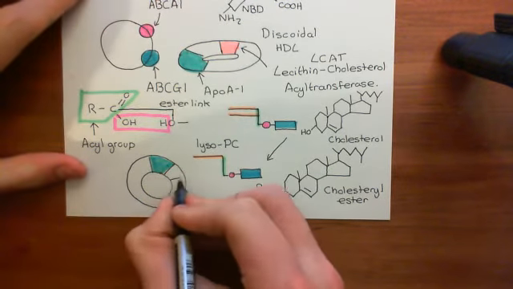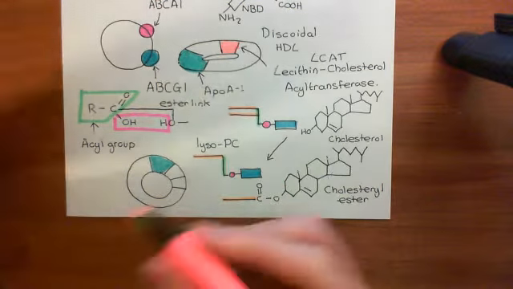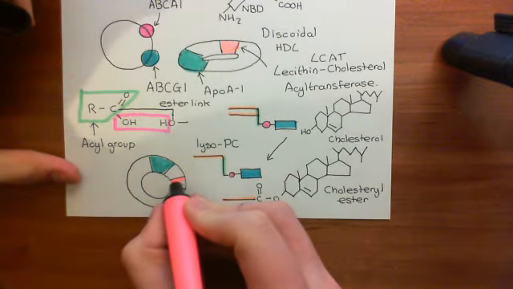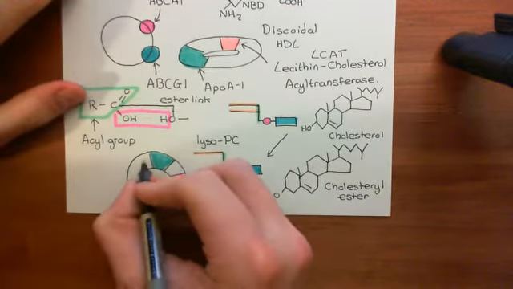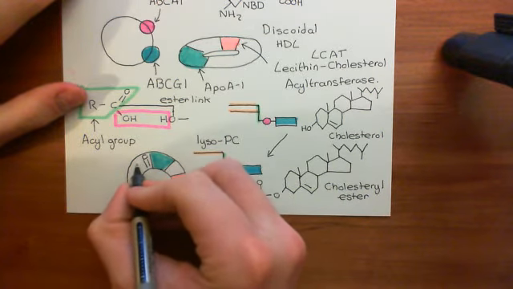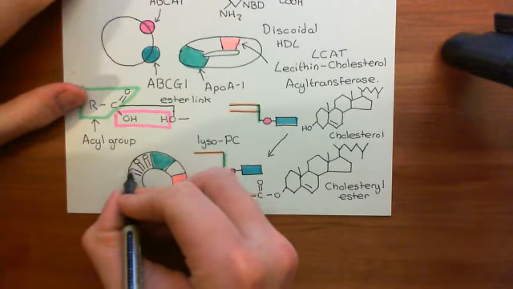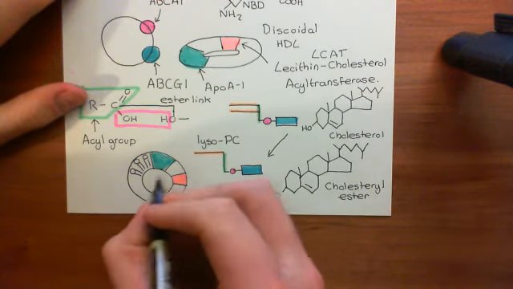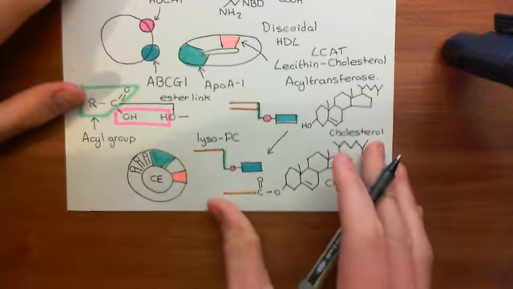We have our lecithin cholesterol acyltransferase here, also sitting in the phospholipid monolayer. Then we'll have many phospholipids sitting in the phospholipid monolayer here, with free cholesterol molecules interdispersed amongst them. And in the core we'll have cholesterol esters.